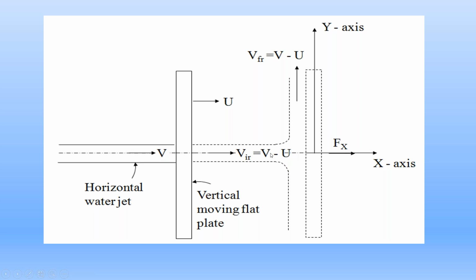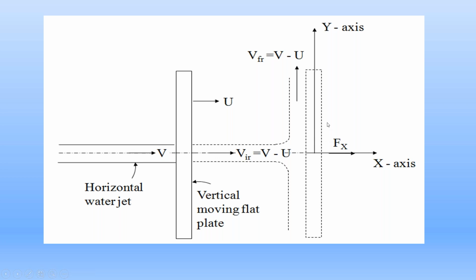So this is the relative velocity of the water jet striking the moving plate before the impact. That is the initial relative velocity VIR. Just before striking, the relative velocity of the water jet with respect to the moving plate is V minus U. That is the initial relative velocity in the horizontal direction.